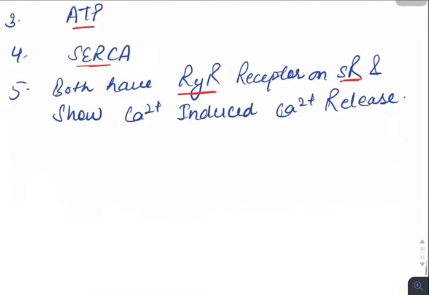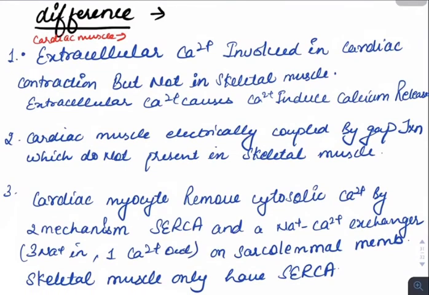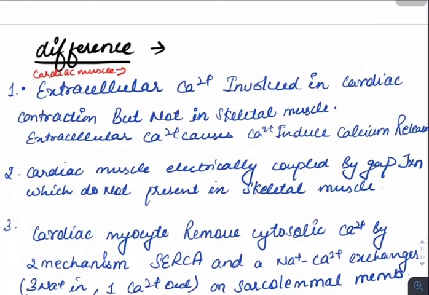Now we look at the differences. In cardiac muscle, extracellular calcium is involved in contraction, which is not the case in skeletal muscle. As we saw in skeletal muscle, the action potential enters through the T-tubule and changes the DHP receptor, which changes the RYR receptor.